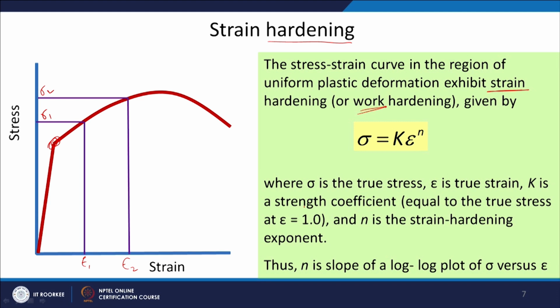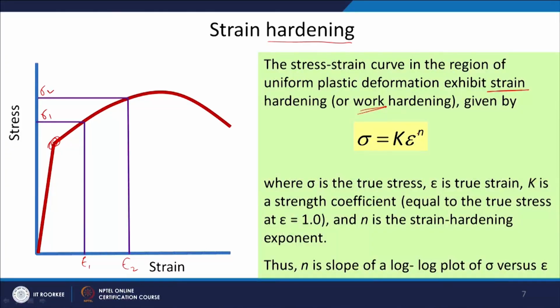And if I want to express this non-linear behavior, I can express the stress as a function of strain with a power over it, because it is some kind of exponential behavior. So, my stress is dependent on strain with an exponent n, and k is some material constant.